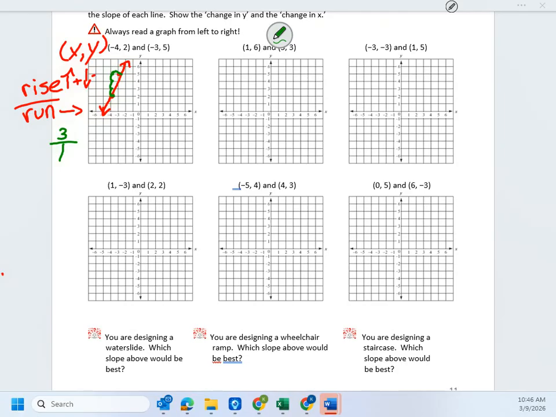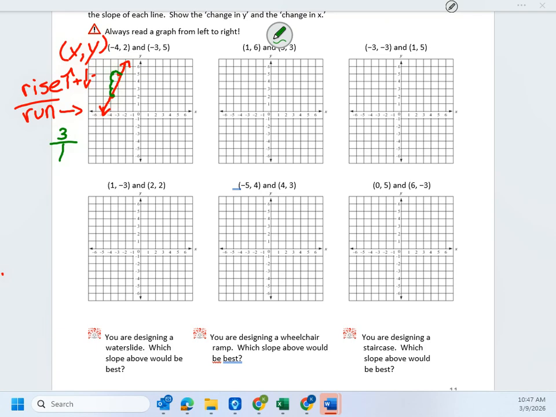If our second point was down and we had to count down to get to it, then it would be a negative. So if you ever count up to get to your second point, it's positive. If you ever have to count down to get to your second point, it will be negative.